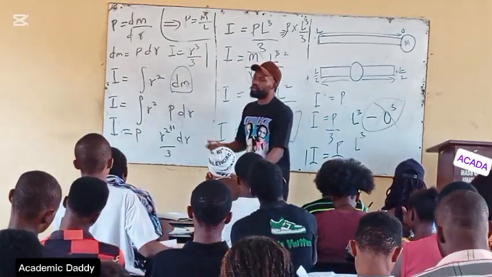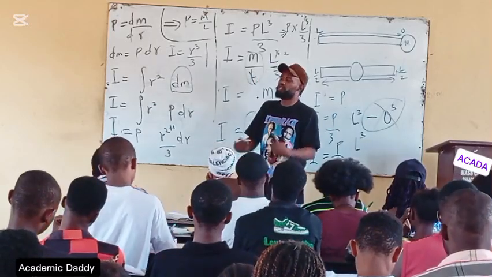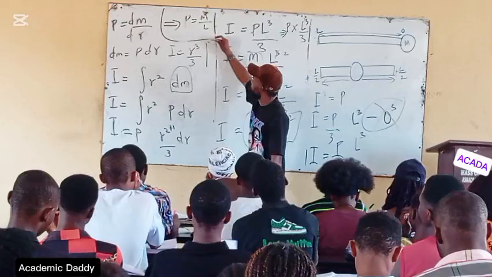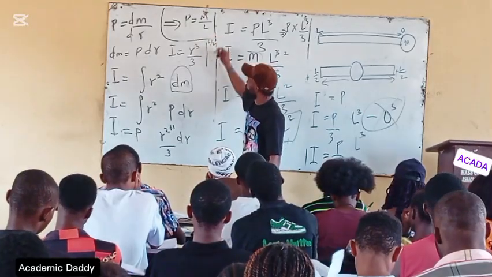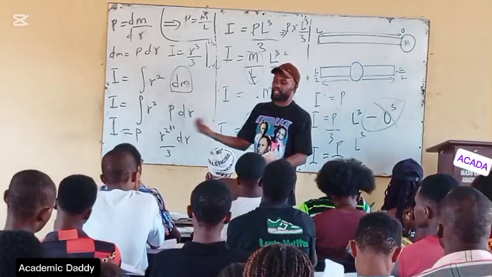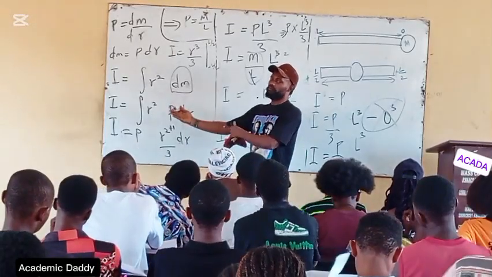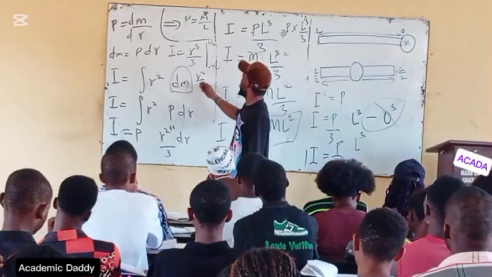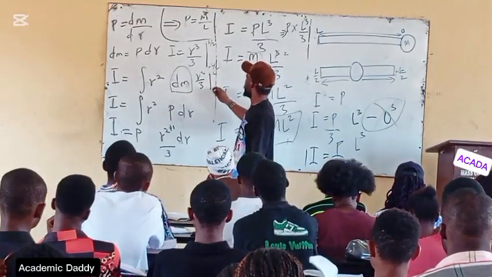Is it going through the center? If it's going through the center, you have the negative part. It's divided into 2. So you have L over 2, then you have the negative part, minus L over 2. If it's going through one end, you know that it's going to be 0 and the full length. So in that case, it will be R raised to the power 3 over 3, then the boundary, L and 0.